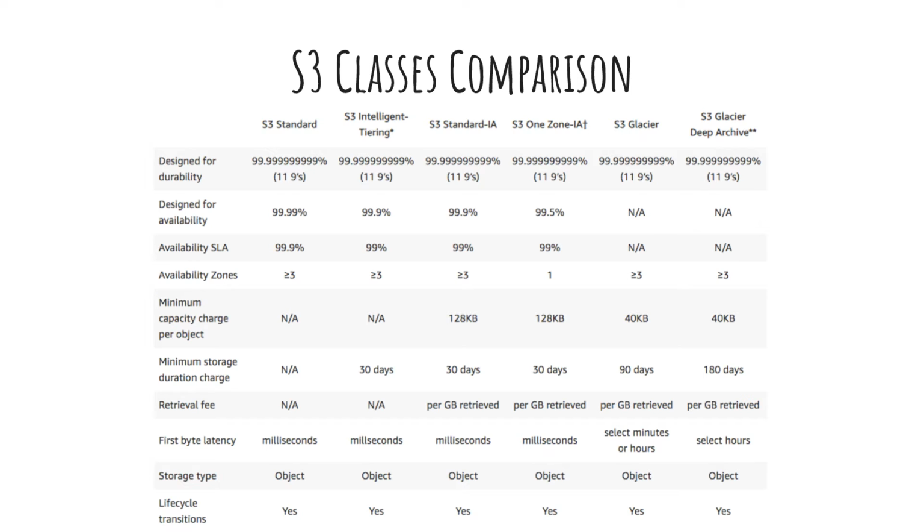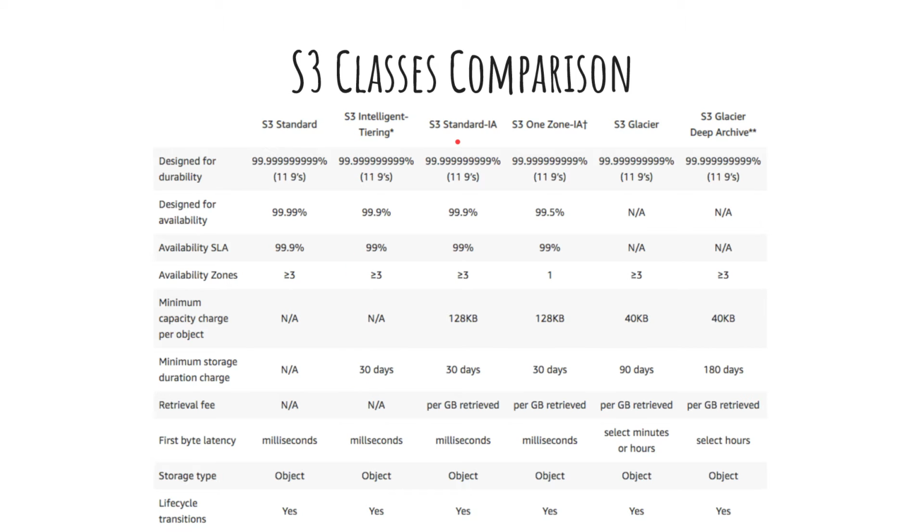Just as a reminder, S3 standard, as I said, is the most expensive one and the best option. S3 intelligent tiering is going to analyze your data and categorize it based on cold and hot data, and it moves your data in the background for you. So you don't need to decide which part of your data should be in the infrequent access class or which should be in the standard one. One thing you should be aware of is that there is a minimum storage duration charge for it, which is 30 days.